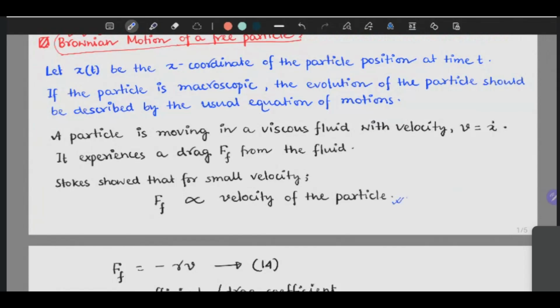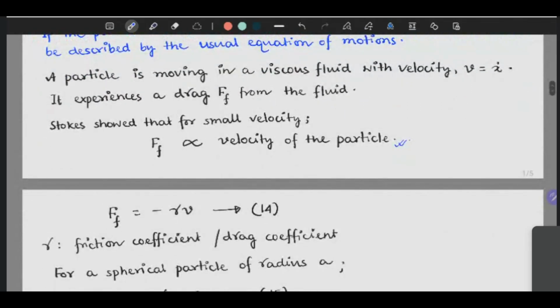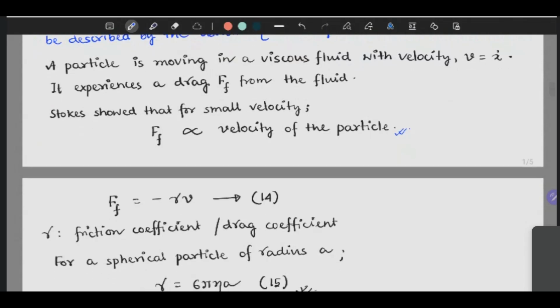If the velocity of the particle is more, the drag will be more, right? Now to get the equal sign from the proportionality, we have to introduce a proportionality constant, which happens to be the friction coefficient or drag coefficient.